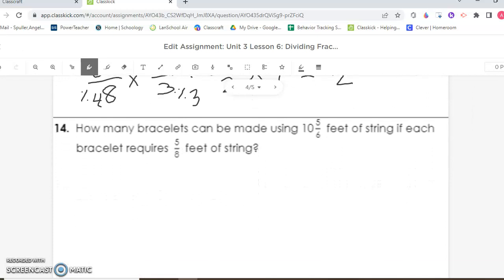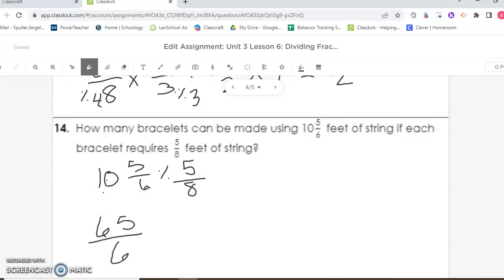Okay, here's another one. I have 10 and 5/6, and I'm dividing it by 5/8. Well, first off, 6 times 10 is 60, plus 5 is 65 over 6 times, flipping the number, 8 over 5.